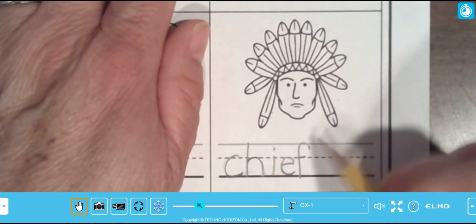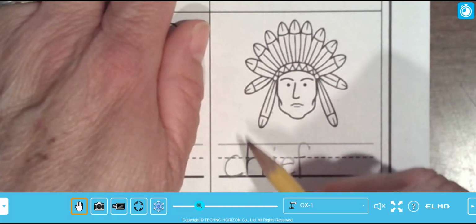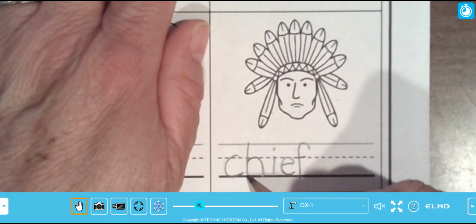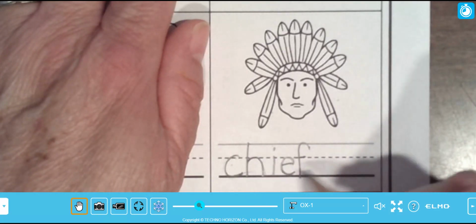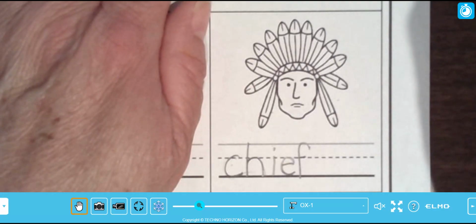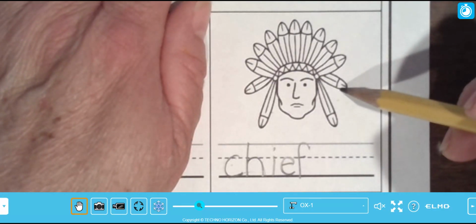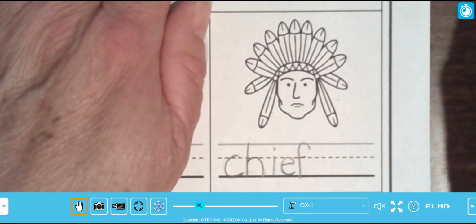So it's got to touch the top and it's got to touch the bottom. All talls touch the top and touch the bottom. Ch, E, f. As you're writing down the word chief, I'm going to give you a sentence. So the Indian chief led his people into battle. Chief.